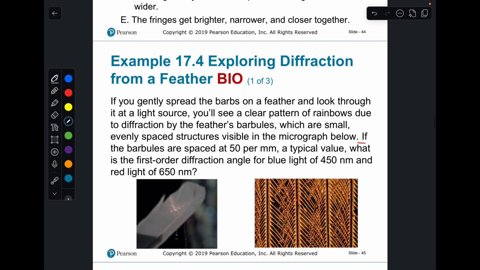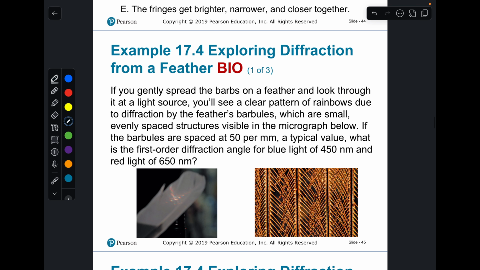So let's do another example. This is an interesting type of diffraction grating. A feather has equally spaced openings between the barbules of the feather. And so it can be used as a diffraction grating as a result.